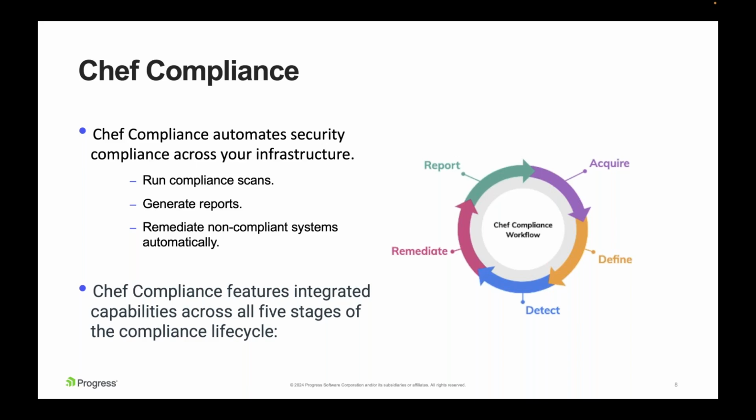If you go through all of the stages in the compliance lifecycle as well, if you draw your attention to the diagram, acquire is basically you can access trusted content aligned to industry benchmarks for audit and remediation, followed by define, which basically Chef makes it easy to define compliance baselines and tune them to the organization's unique needs, which is again a reference to custom flexible profiles that we'll be talking about later as well.